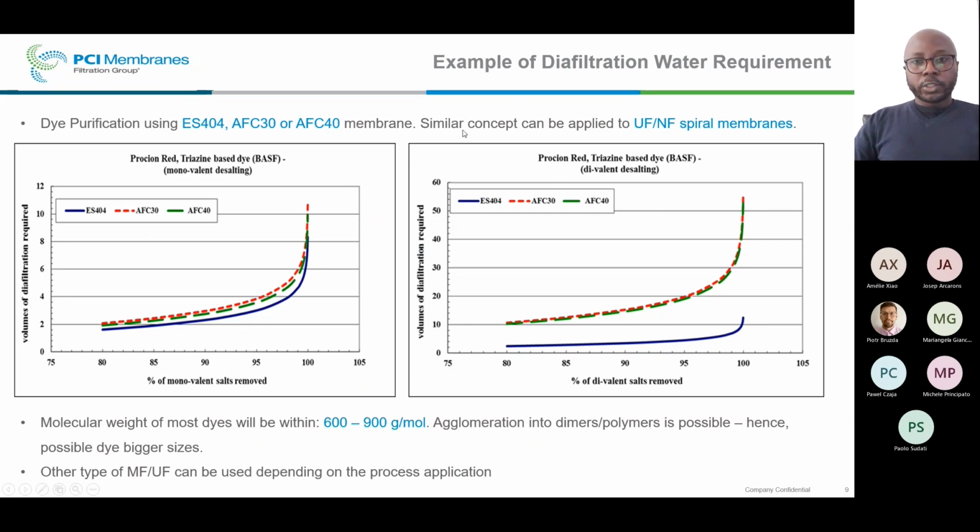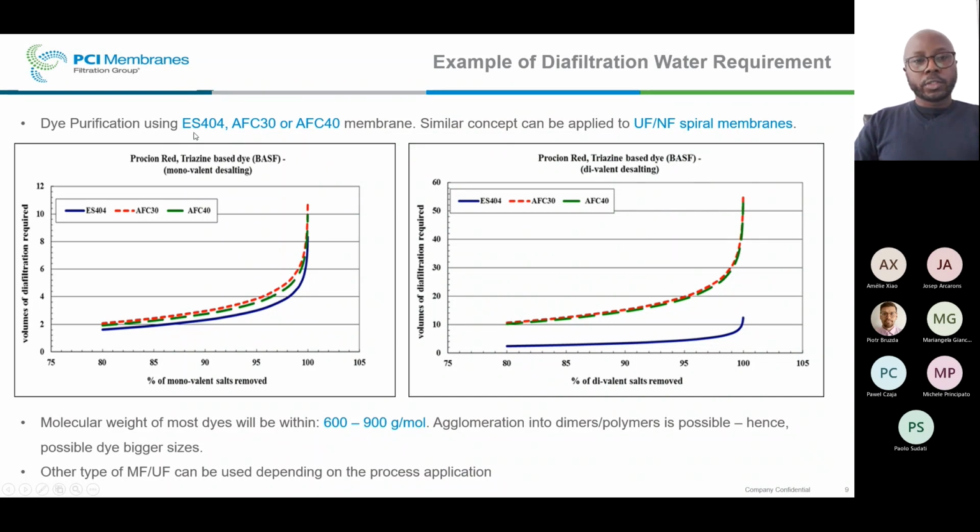So this part of the presentation is to give you an example of dye filtration water requirement when we're talking about dye desalting when using some of the pre-selected membranes from PCI Membranes. Normally, we have a number of membranes that we often use for dye applications when it comes to desalting.